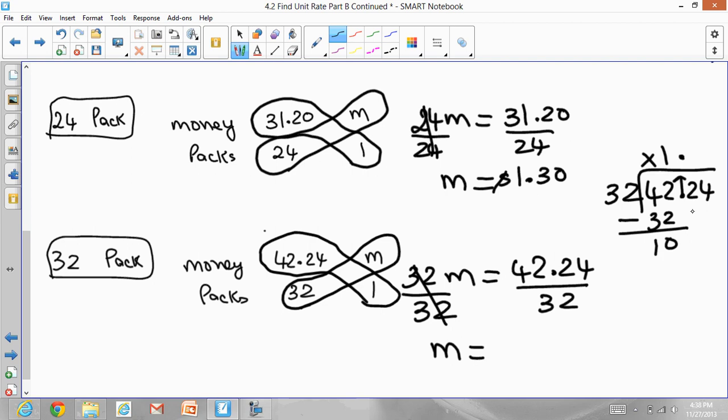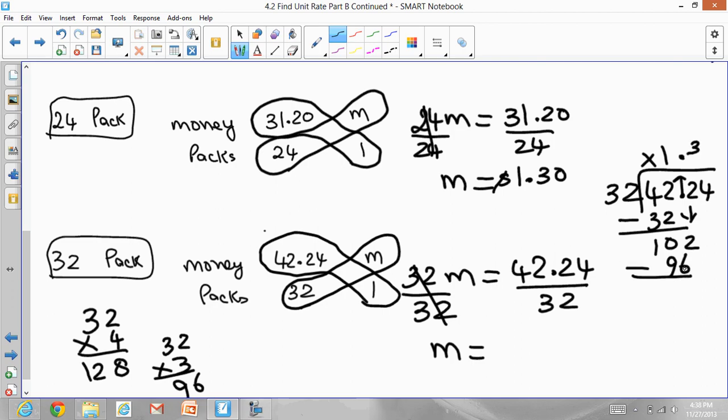Bring the decimal point straight up, and this will be a 2. So 32 times 4: 4 times 2 is 8, 4 times 3 is 12. It is too much. So 32 times 3: 3 times 2 is 6, 3 times 3 is 9. So 3 times 32 gives you 96. 96, 97, 98, 99, 100, 101, 102 to give me 6. Bring the 4 down. 32 goes into 64 2 times, which is an exact match. So this will be $1.32.